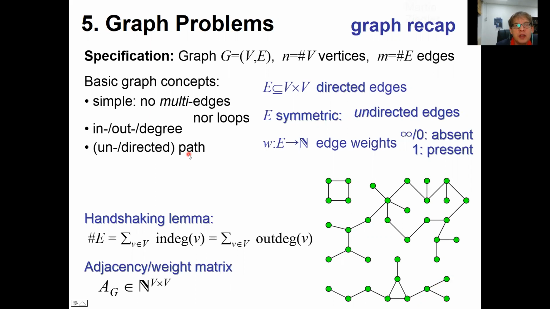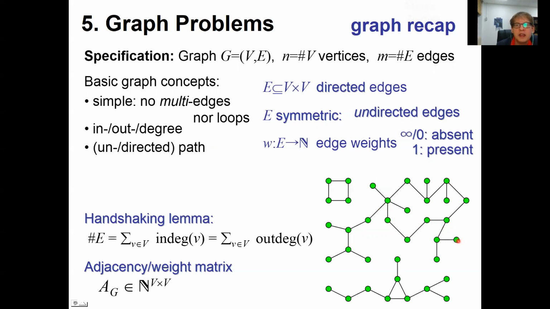Also talk about directed and undirected paths. A path is a sequence of edges, intuitively. For example, here's a path that starts here, goes here, then here. That's an example of a path: a sequence of edges that are adjacent to each other, that stepwise share the destination and source vertex for the next step.